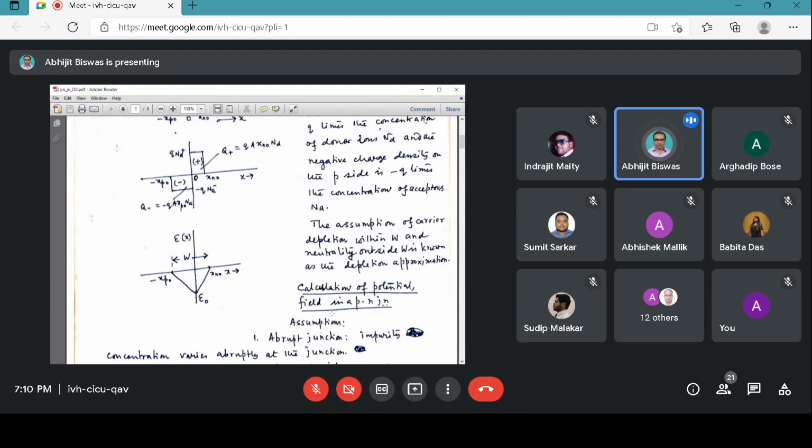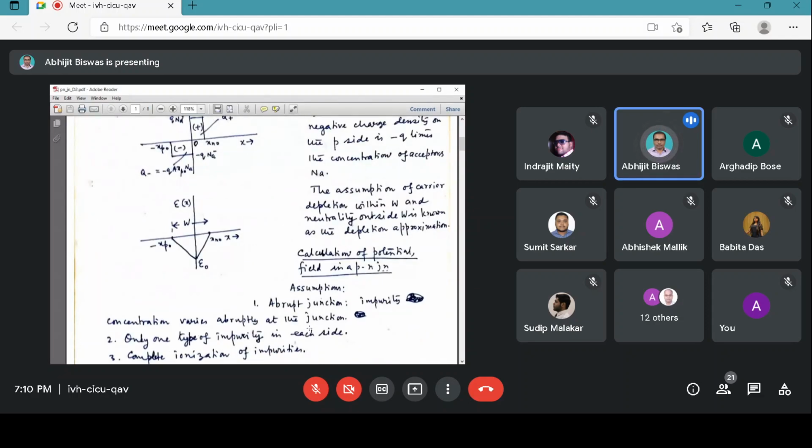The electric field serves to sweep out all the carriers which have wandered into the depletion region. So it is a very good approximation, and this assumption of carrier depletion within W and neutrality outside W is known as the depletion approximation.